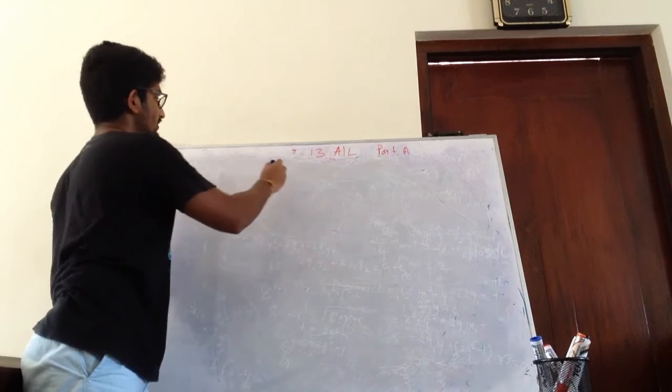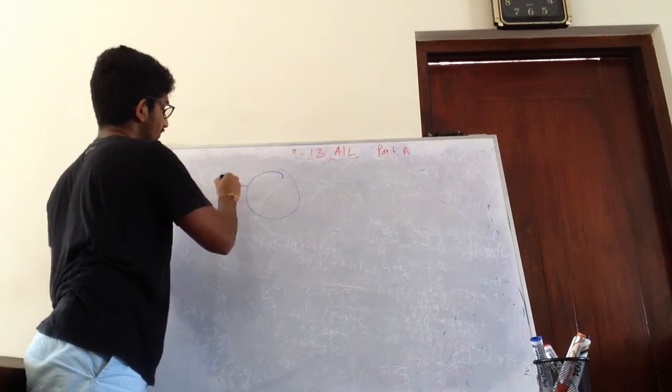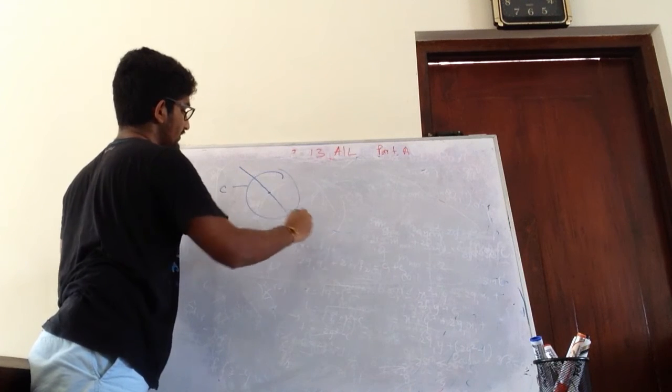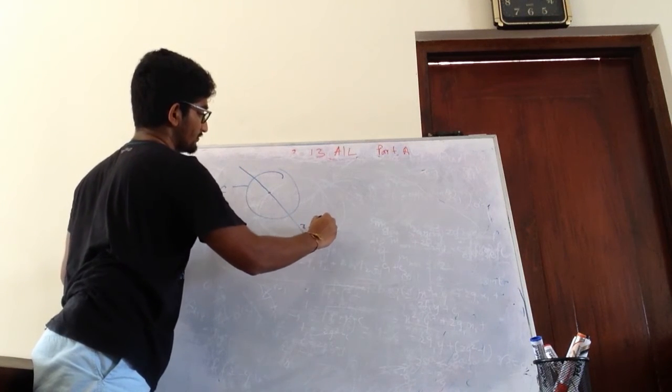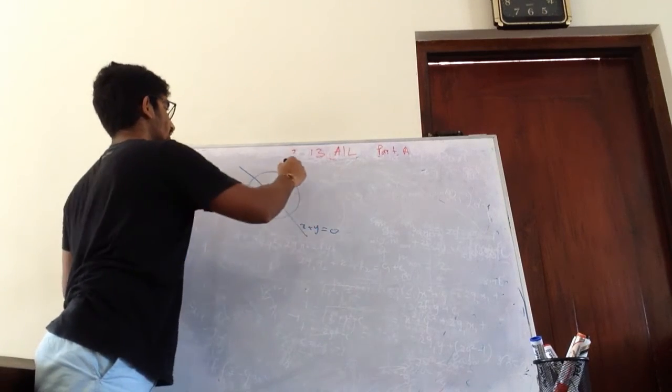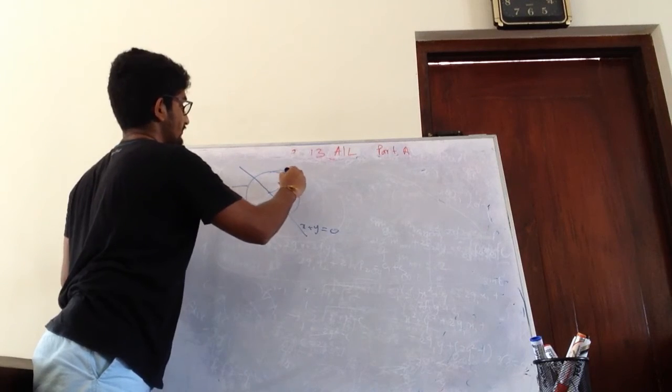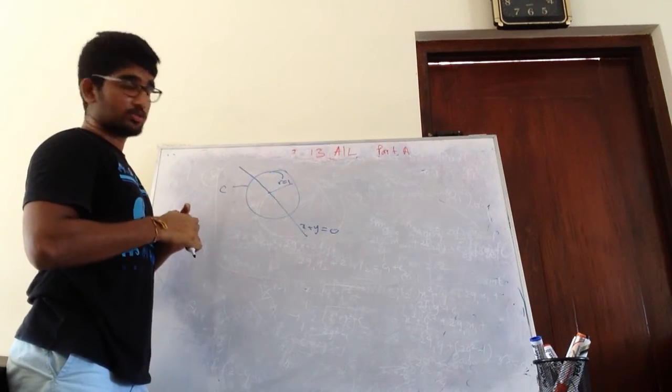Right? So this is the curve C, and there is going to be a line x plus y equals 0, and one other thing, r is 1. Correct, no?